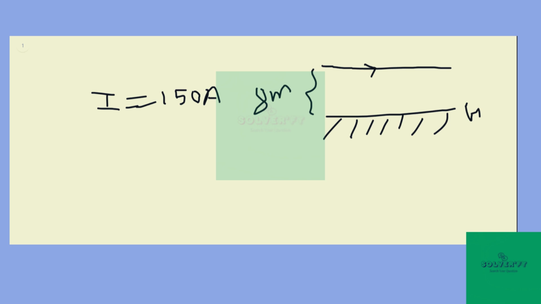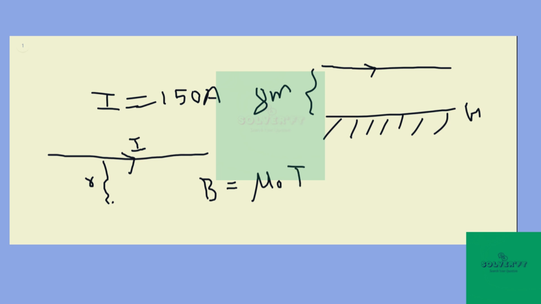If some current I is flowing through a long conductor, and if you want to find the magnetic field at this point, which is at a distance of, let's say, r from this conductor, then the magnetic field is given by B equals mu naught, which is the magnetic permeability, times the current divided by 2 pi and the distance at which you want to measure the magnetic field.